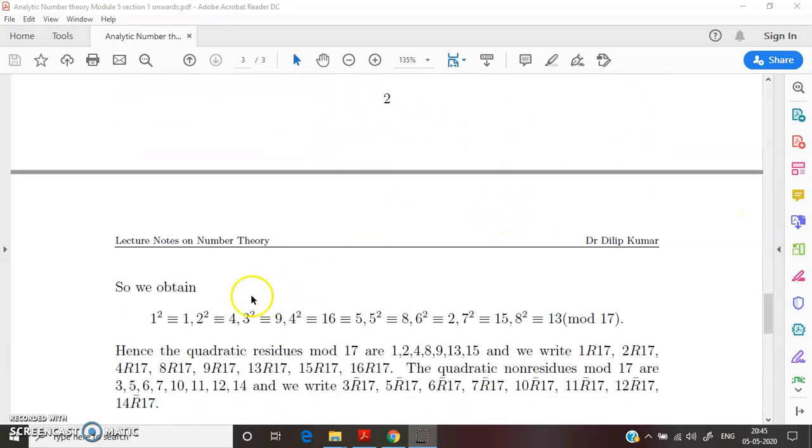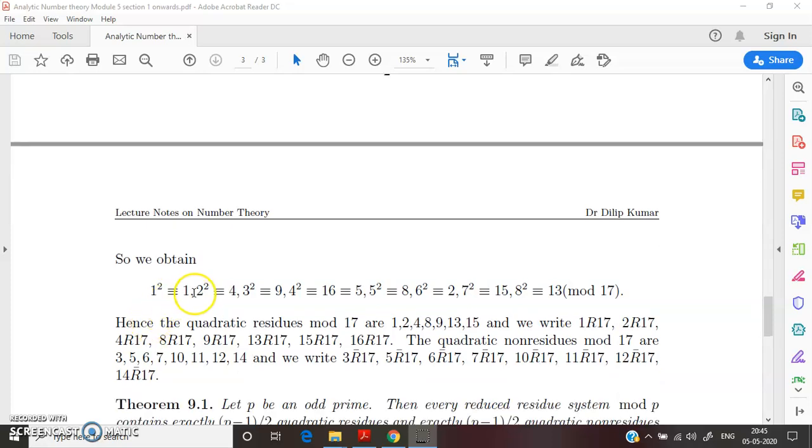So you could see that 1 square is converted to 1 mod 17, 2 square is converted to 4 mod 17, 3 square is converted to 9 mod 17, 4 square is converted to 16 mod 17. Sorry, it is a typing mistake; here it is 16, 4 square is 16, this is wrong.